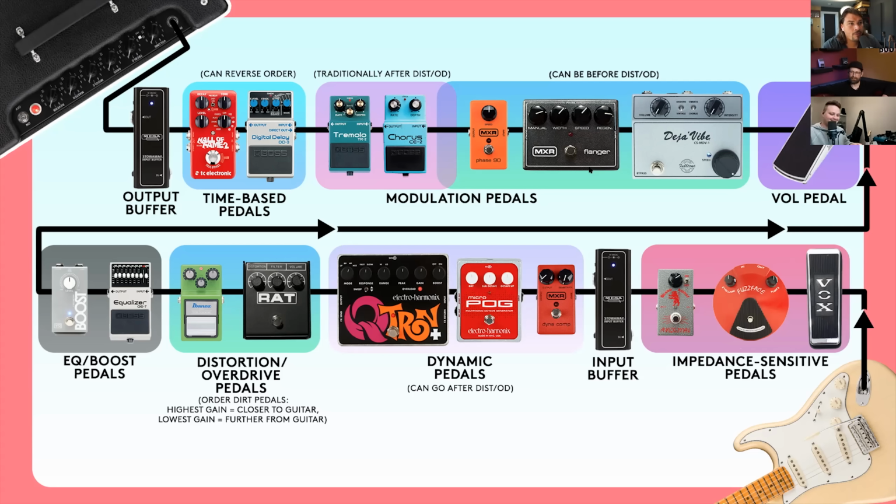So Univibe wise, there's a lot of good options. And now more than ever, there are a lot of people painstakingly trying to replicate all of the eccentricities of the original unit. One of them is Dustin Sears.